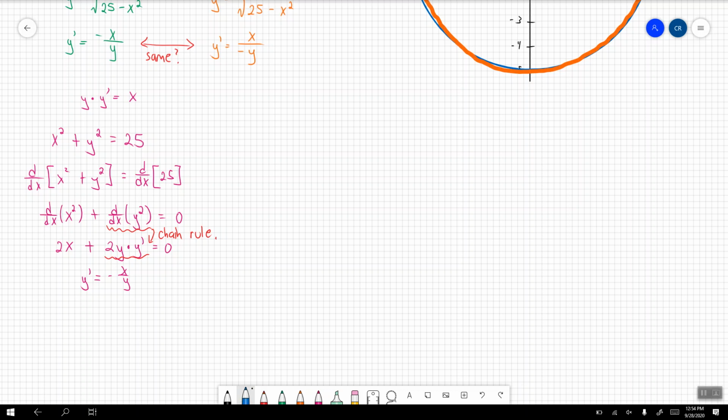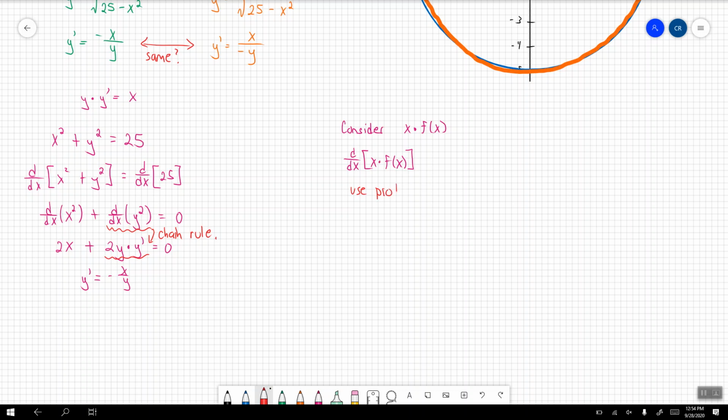All right, on the right-hand side of your screen, if we consider the function x times f of x, then when we take the derivative, we need to use the product rule.